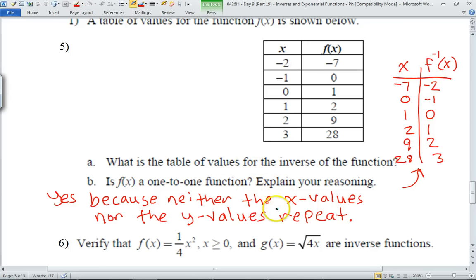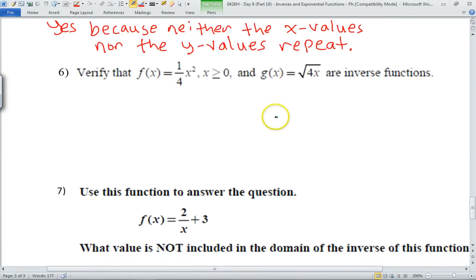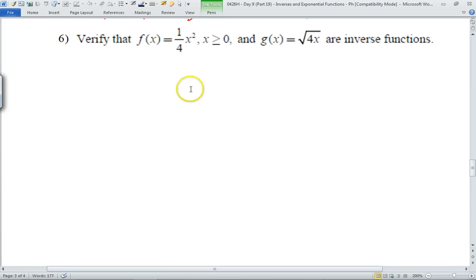Let's look at number 6. Verify that these functions are inverses. Well, let us do this properly this time. If we want to verify that two functions are inverses, we really need to do two things. We need to start with function f.